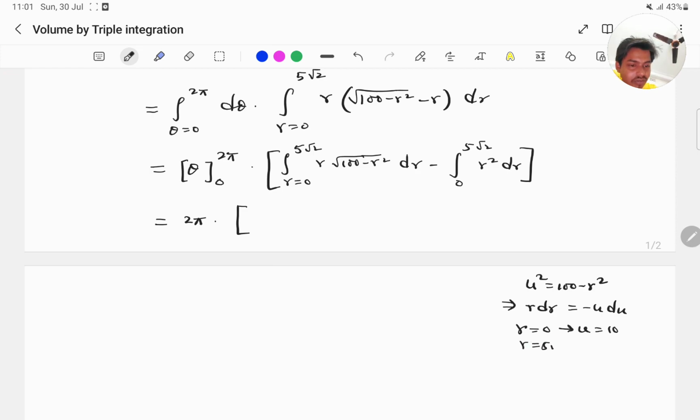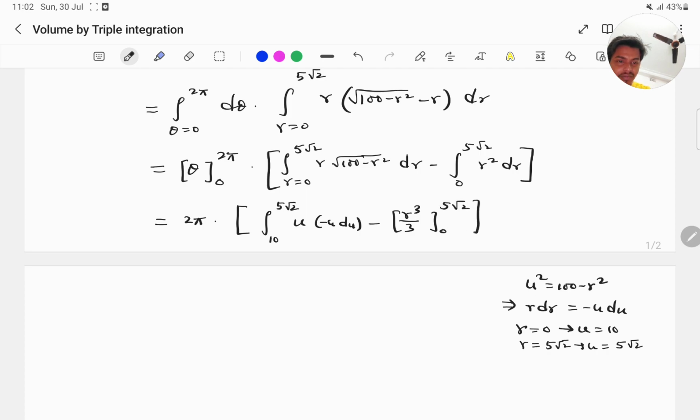If you put r equal to 5 root 2, then 5 root 2 whole square is 25 into 2, so 50, 100 minus 50 is 50, so you will get u equal to 5 root 2 also. So the limits change from 10 to 5 root 2, and then it will be u into minus u du, minus r cube divided by 3, from 0 to 5 root 2.